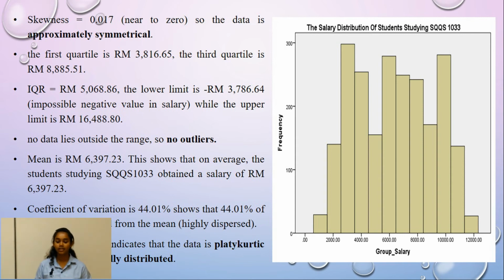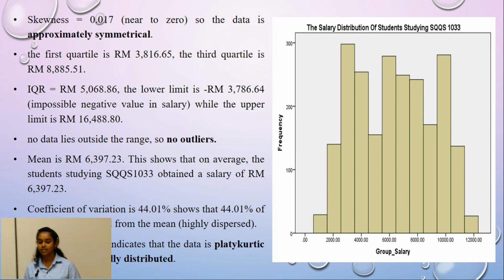The lower limit is negative 3,786.64. It is impossible to have a negative value in salary, while the upper limit is 16,488.80. There are no outliers in this data.